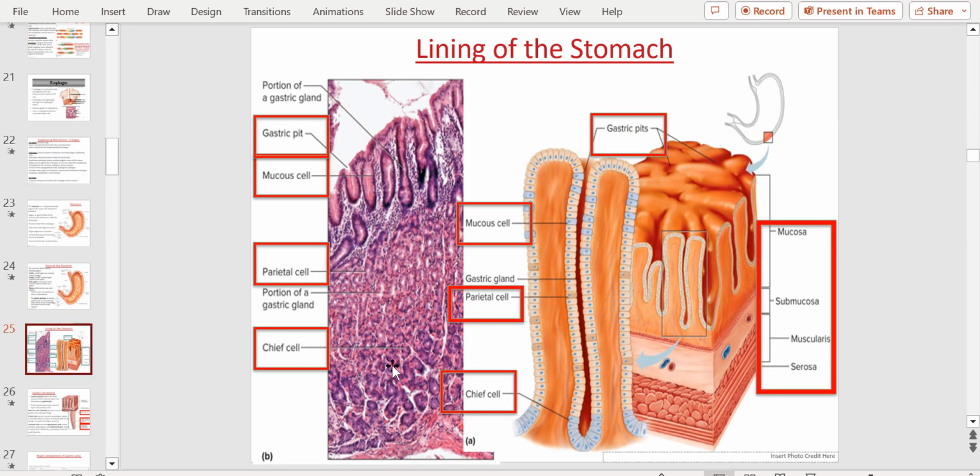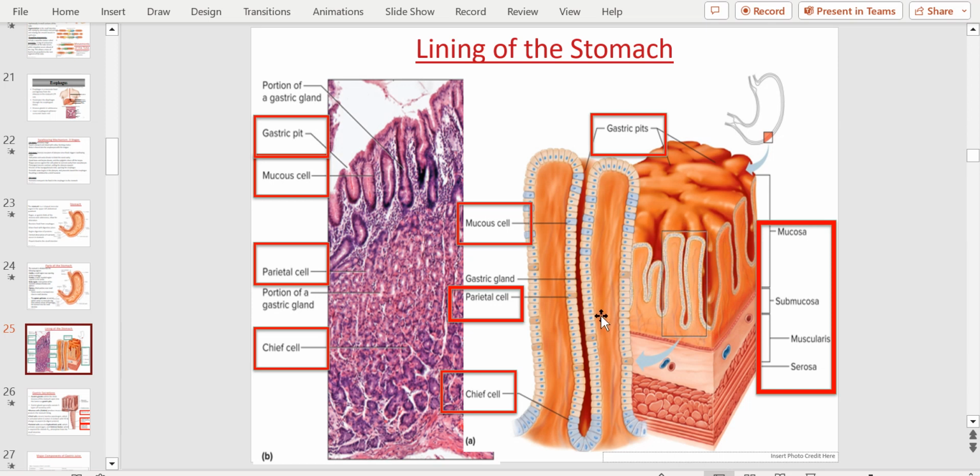You'll see that the lining of the stomach has lots going on. You've got these gastric pits, and here's a real electron micrograph and here's the cartoon. I kind of like seeing both. There's your same mucosa, submucosa, muscularis, and serosa. But you're going to see these gastric pits, and again it's all about surface area.